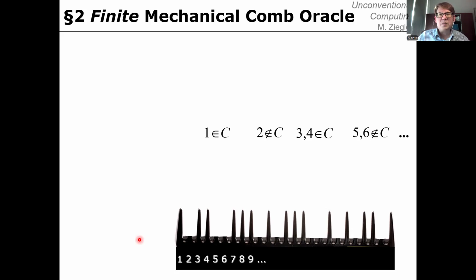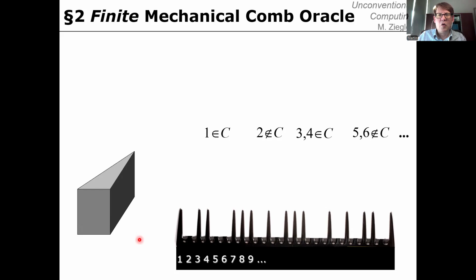So in this way, the finite comb represents a finite decision problem, because we have only finitely many teeth here, and we can mechanically solve these decision problems by probing whether the corresponding position in the comb, the pin, is still present or not.